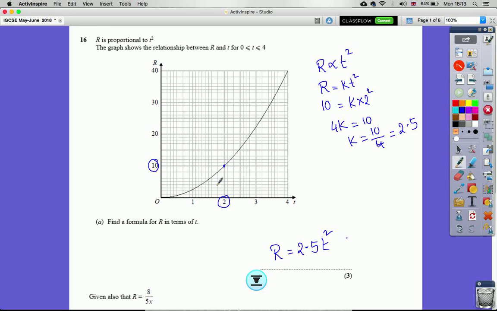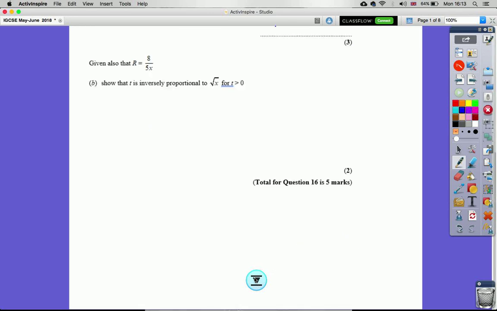In the second part, they're asking us that given that R is equal to 8 over 5x, show that T is inversely proportional to square root of x for T is greater than 0. So we already found out that R is 2.5 T squared.